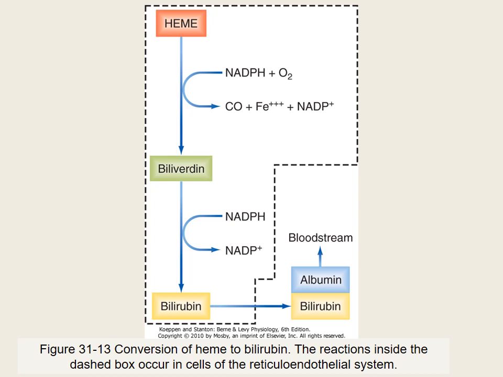Bilirubin is carried by albumin via blood circulation. It arrives in the liver. In the liver, it is going to be conjugated with glucuronic acid, then it becomes water soluble, and then it will be excreted into the small intestine.